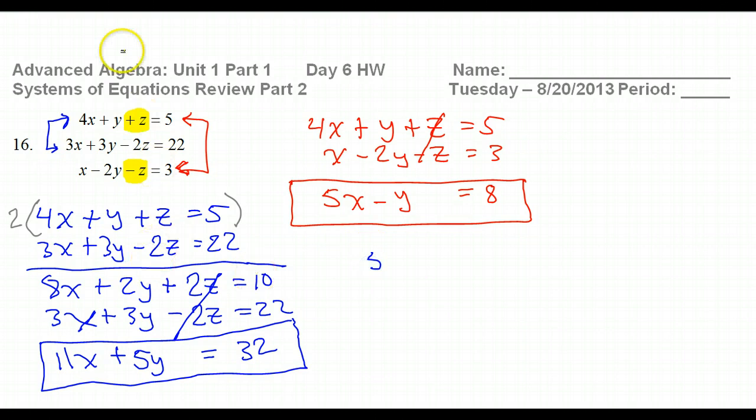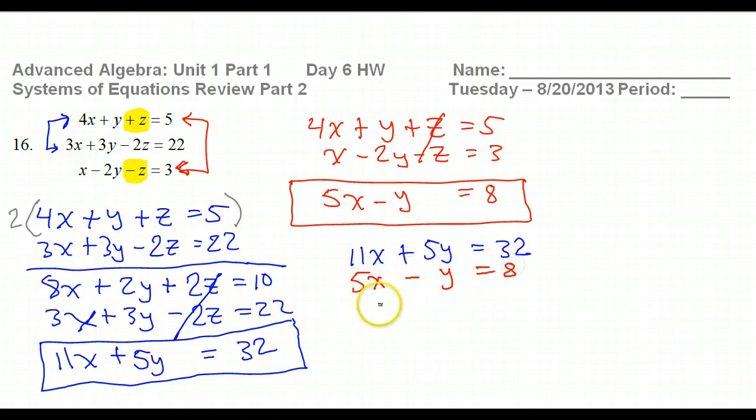So that's going to be 11x plus 5y is equal to 32. All right, that's the blue box. And now here's the red box equation. So that's 5x minus y is equal to 8.